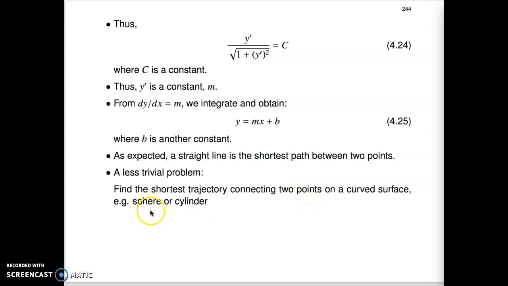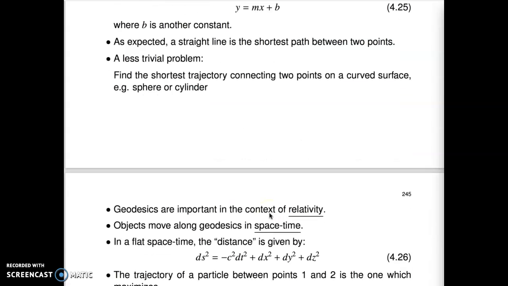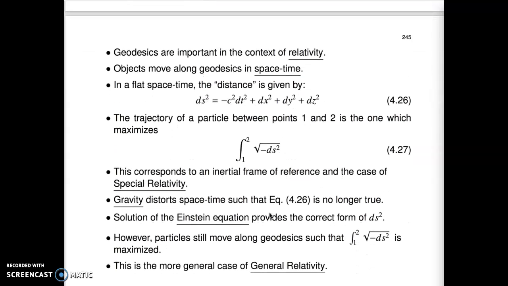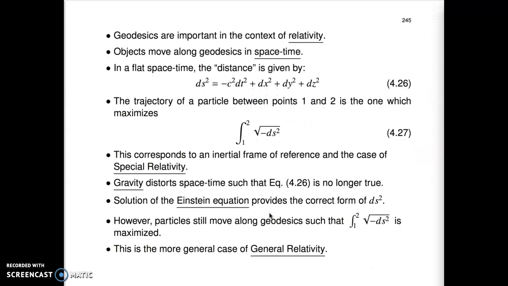The surface could be something like a sphere or a cylinder or something even more complicated. So geodesics, it turns out, are important in the context of relativity. And there's one problem, the last problem on your very last problem assignment, that deals with this matter.